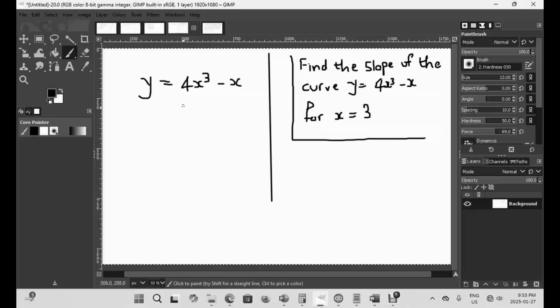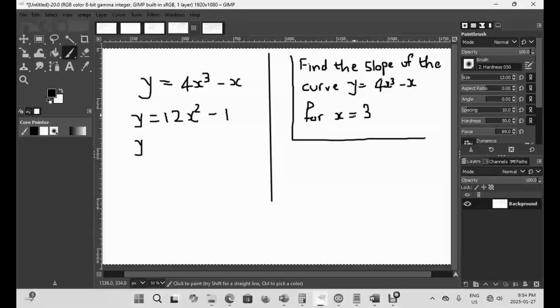So y equals 4x cubed minus x. Since we're trying to figure out the slope, or the derivative of this equation, this will be 4 times 3, 12x squared, minus x raised to 1 minus 1 is 0, which means this will be 1.